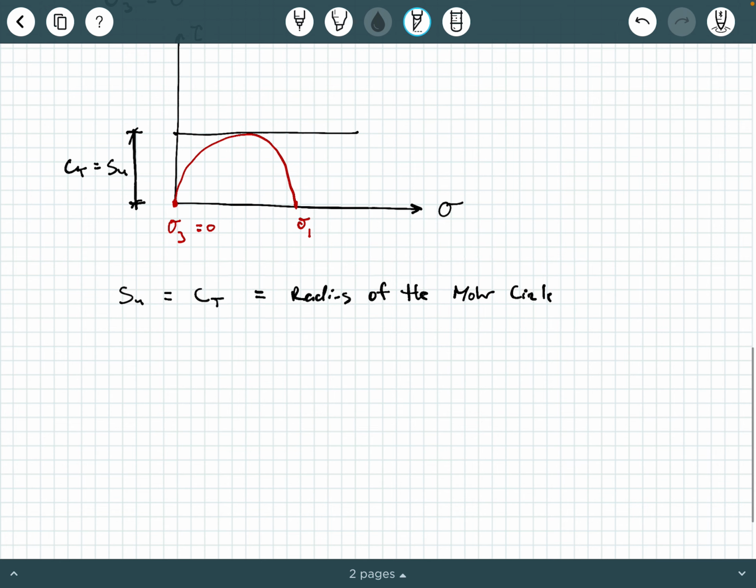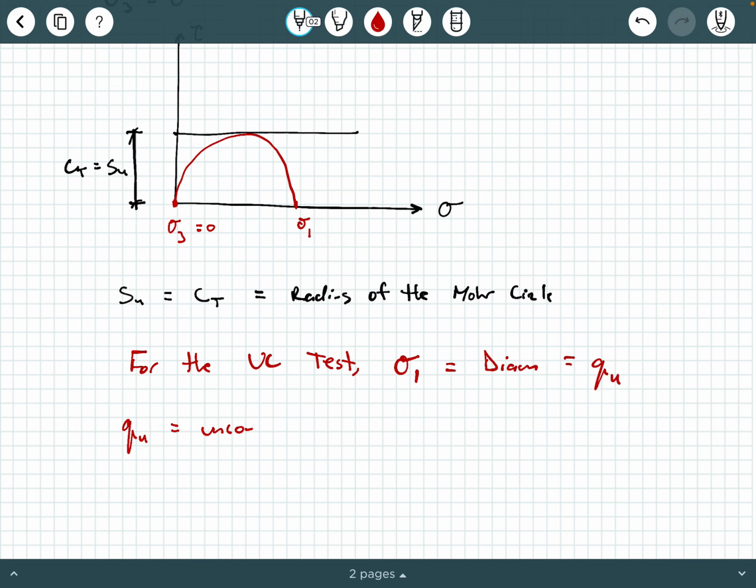Now for the UC test, sigma 1 is equal to the diameter of the Mohr circle, obviously, because sigma 3 is 0, and we sometimes call this Q sub U, where Q sub U is called the unconfined compressive strength.